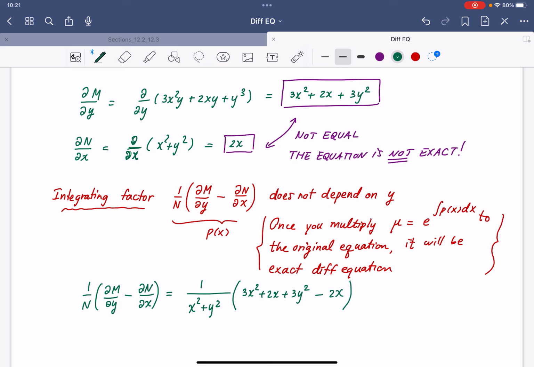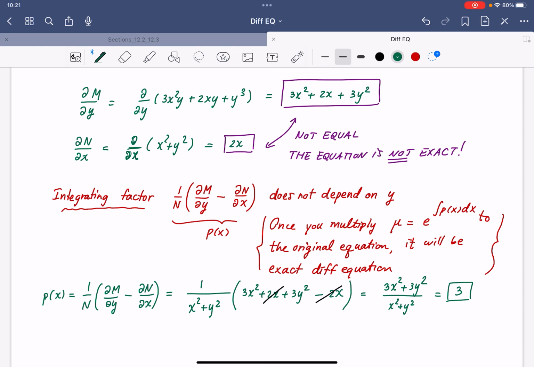You can see that we are lucky enough that the term 2x and 2x cancel out, so you only have 3x squared plus 3y squared over x squared plus y squared, and this is actually 3. So you get the cancellation here, you get 3, and this is called px.